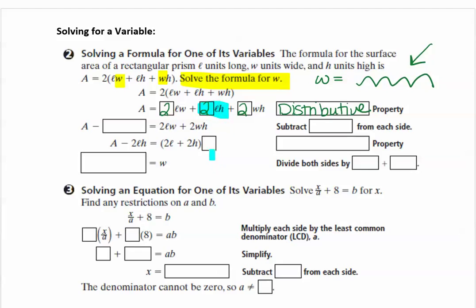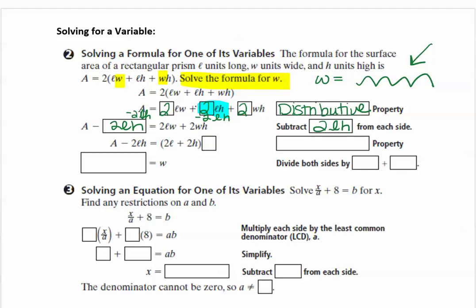We don't want it. We're looking to get the W's alone, so just move that to the other side. So we're going to subtract 2LH, the whole thing, from both sides. If we subtract it from this side, it goes away. Then we have to subtract it from this side. And so we get A minus 2LH.